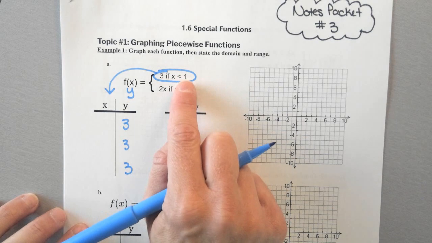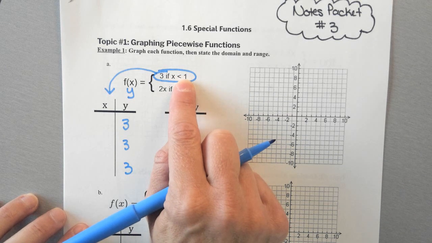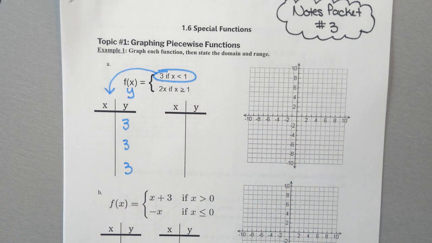Now, this is going to tell me where to graph. So we're going to still be graphing like we did in the warm-up, but we're going to be very specific about it, and we're going to say, hey, graph, but I only want you to graph in this little spot on the graph. So we're going to be super picky. Do you see how it says graph for x value smaller than 1?